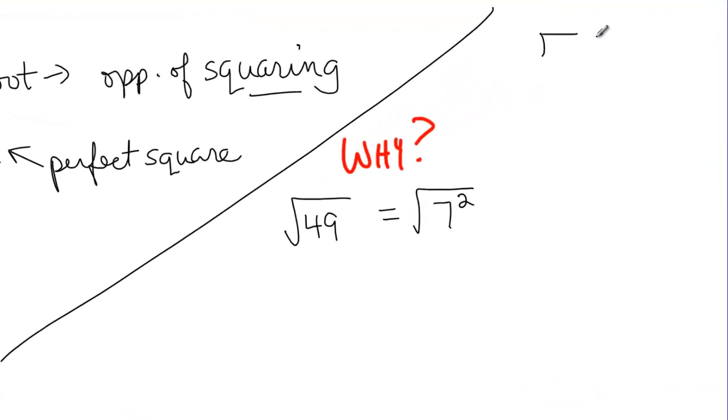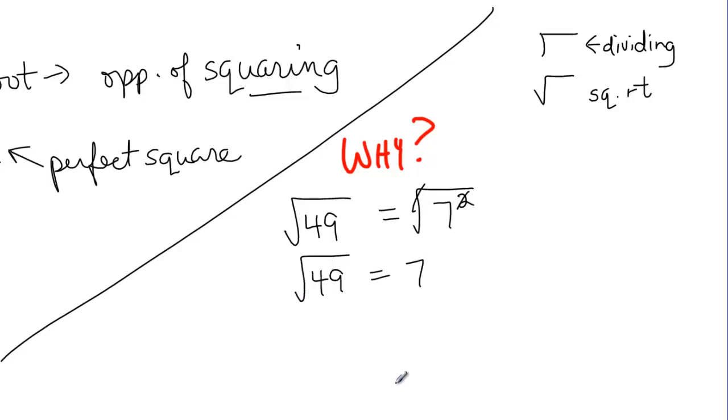You know this is dividing. This is square root. Make sure you do that right. The square root sign cancels out the squaring because they're opposites. They undo one another. So the square root of 49 is 7.